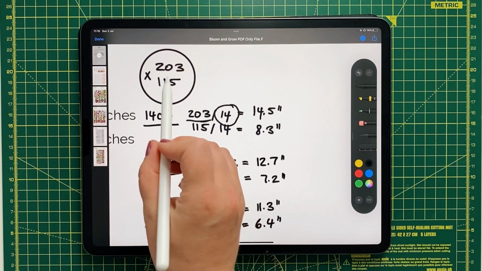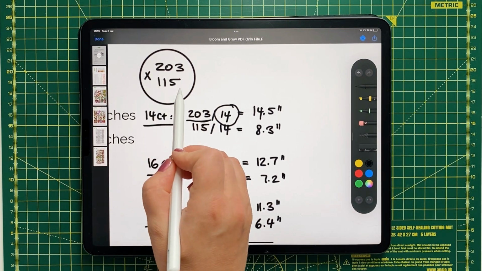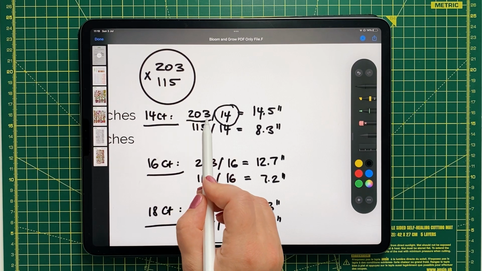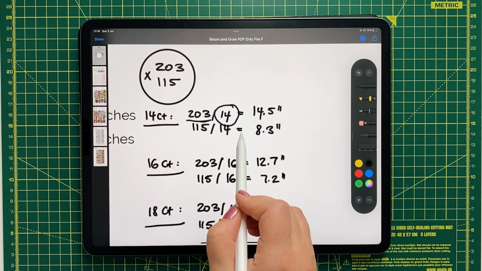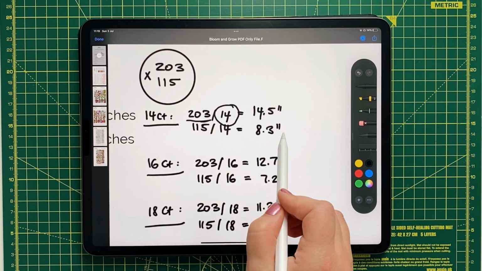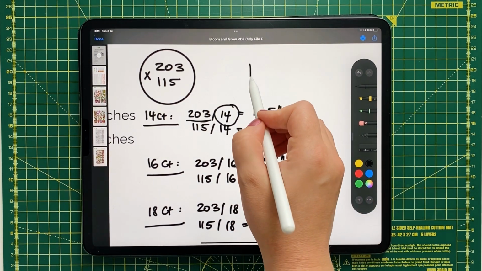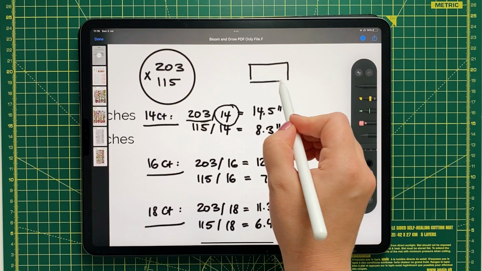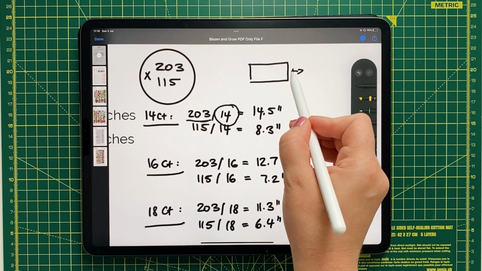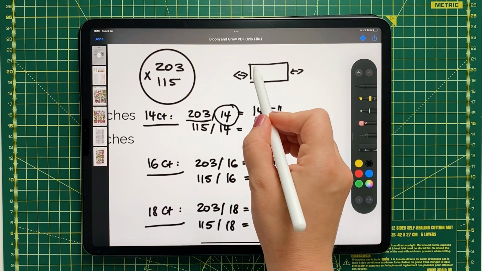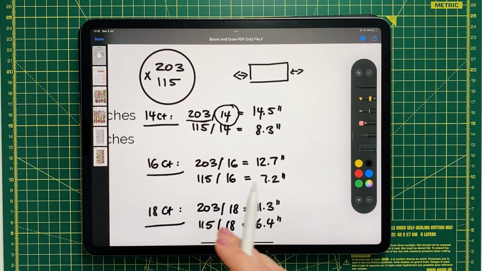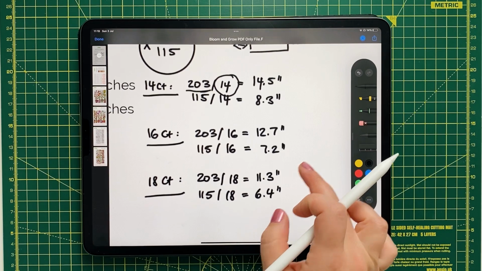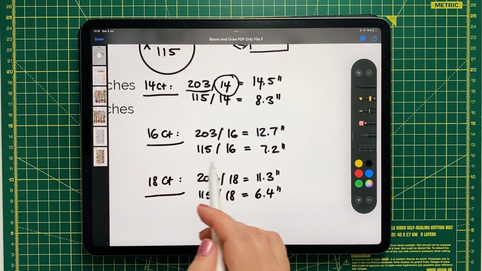So our design is 203 by 115, so we know the 203 side, and we've just done 115 divided by 14 again, and that's 8.3 inches. So this is literally our design area. We haven't calculated the margins yet, but we know the exact area size, and we'll look at the margins in just a minute.